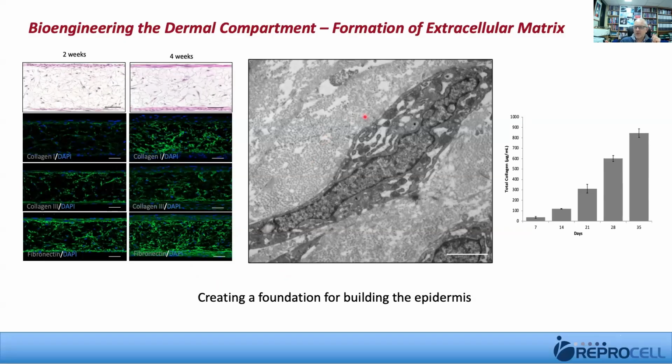The central image is a section of a transmission electron micrograph showing a fibroblast, and surrounding that cell you can see very prominently the fibrils of collagen. Not only collagen: we know from our proteomic analyses that there are other types of extracellular matrix present, and also factors and cytokines, all of which create a rich environment to support the overlying epidermis.